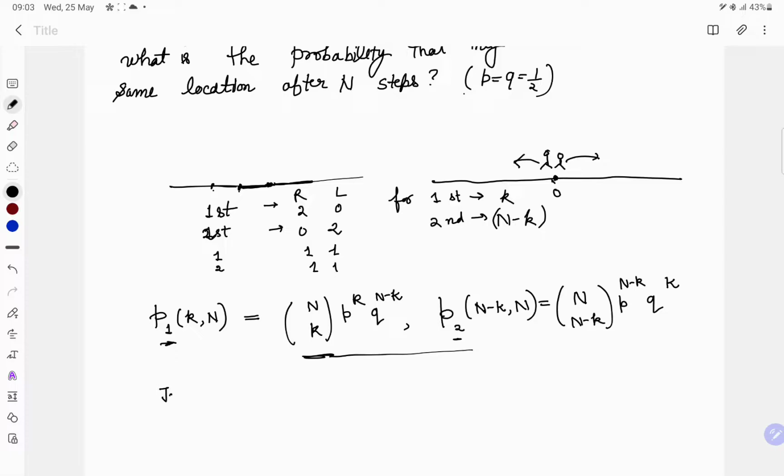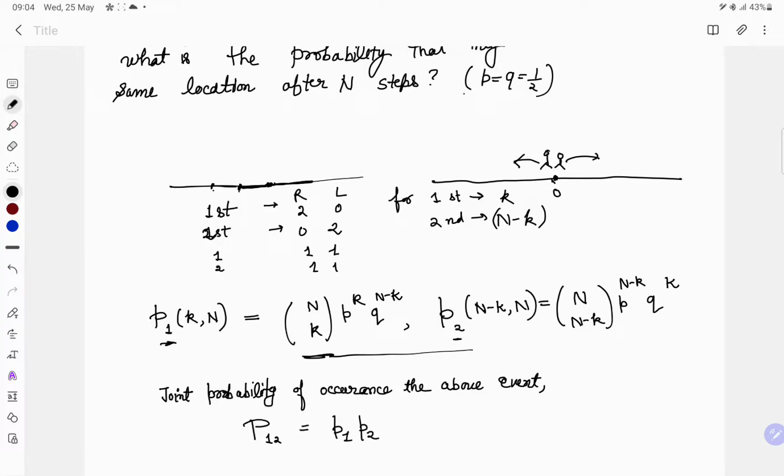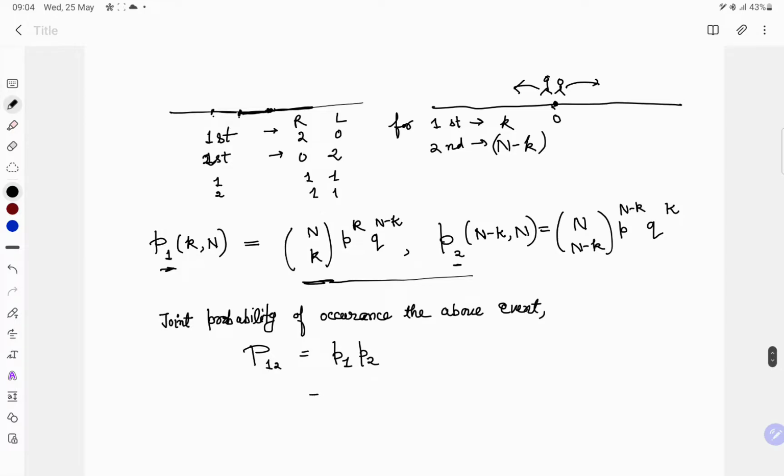So the joint probability of occurrence of the above event will be p1 into p2, and this is nothing but nCk nC(n minus k) and p to the power n q to the power n.